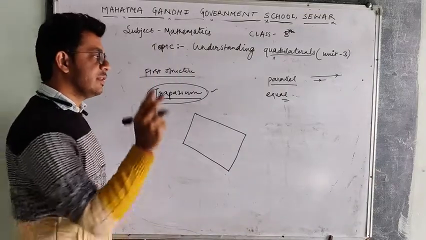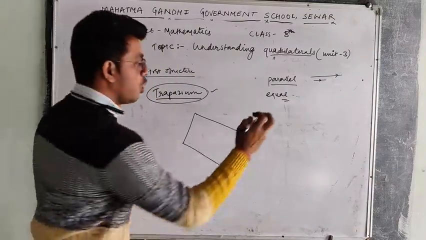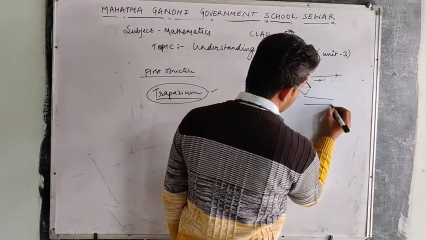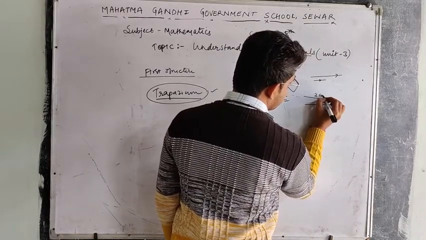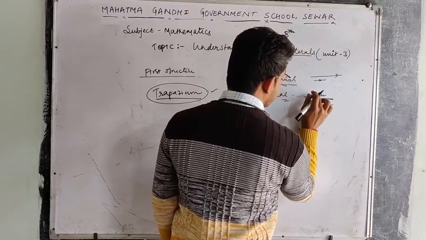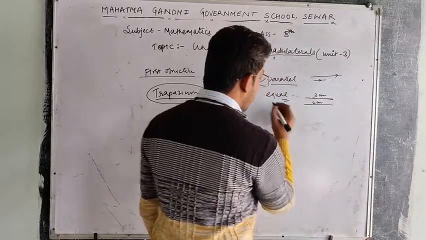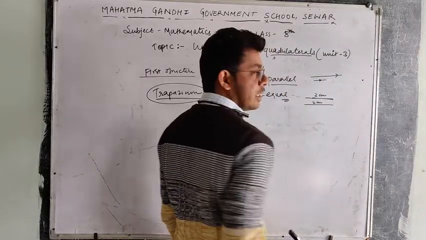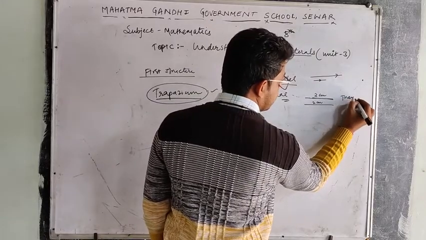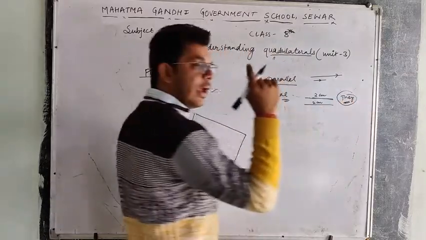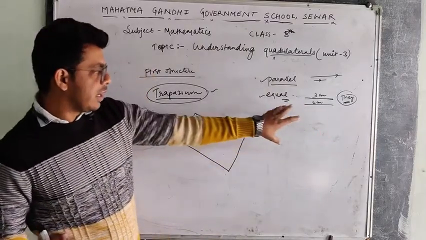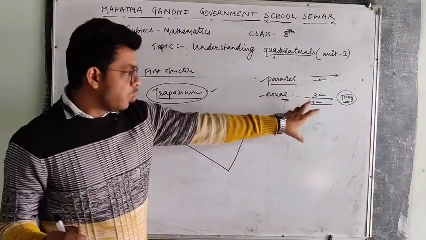Any 2 lines which never meet are called parallel lines, and any 2 lines which are equal in length, if this is 2 centimeters, this should also be 2 centimeters, are called equal lines. It does not mean that equal lines do not cross each other at infinity. They can cross each other at infinity, but they should be equal in length.